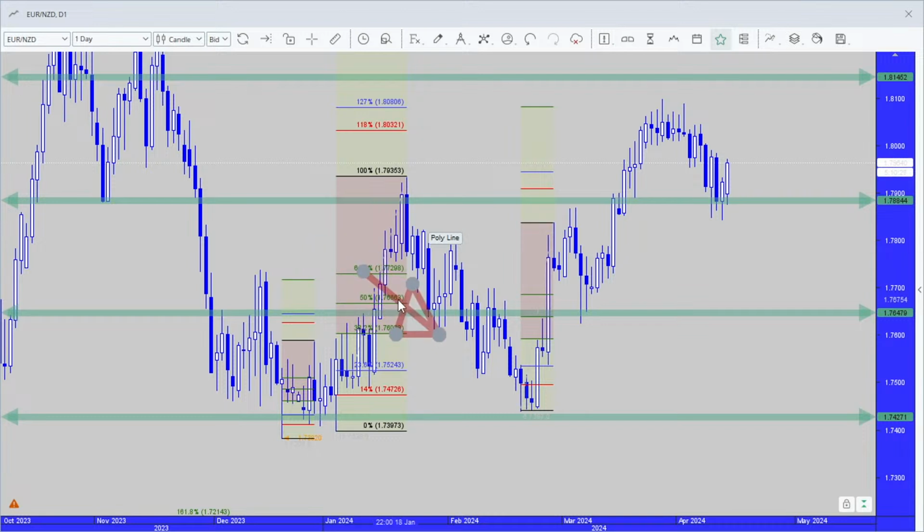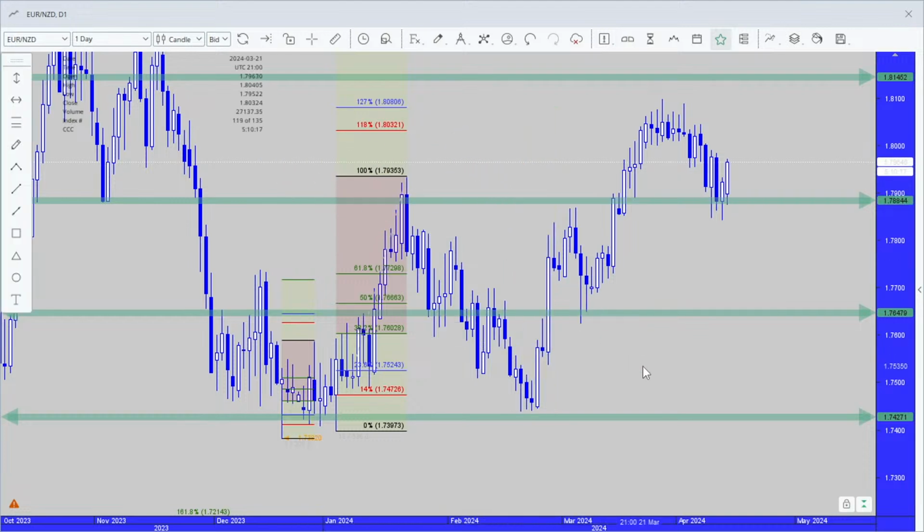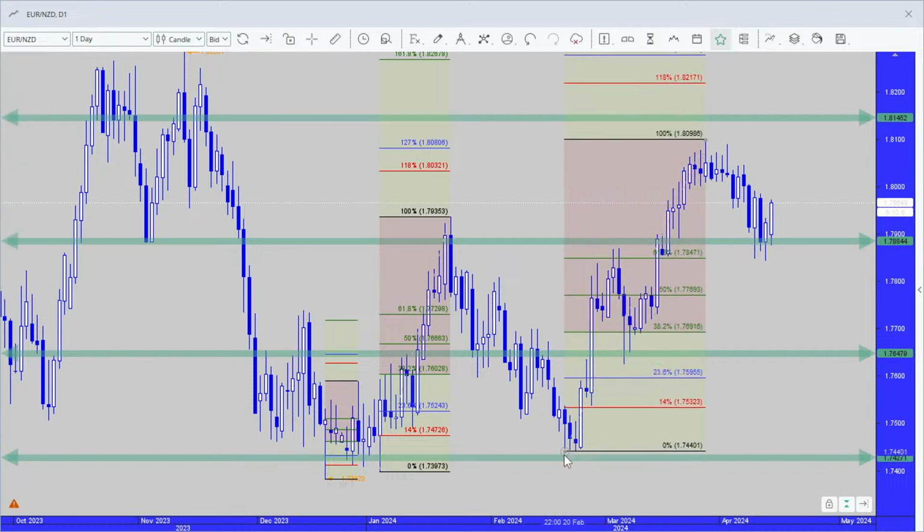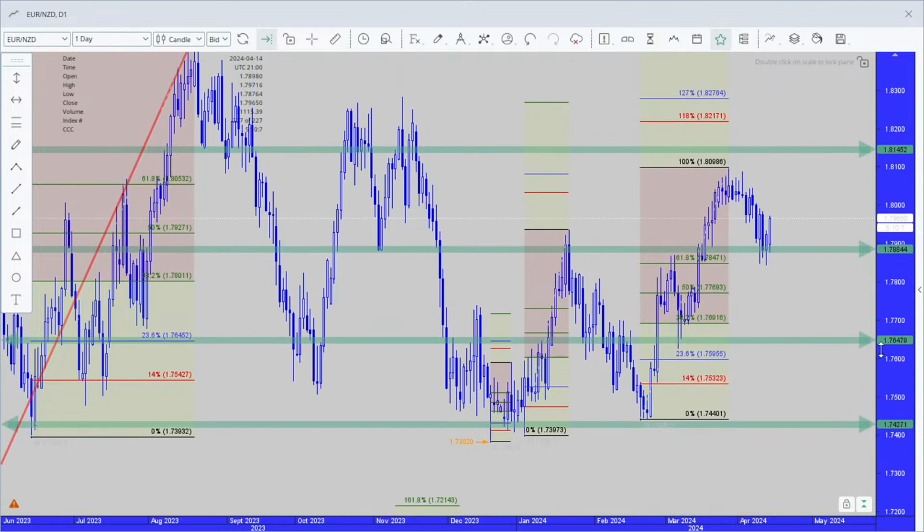You have an idea because of this one. Nonetheless, we are talking about the confirmation Fibonacci, and one more time, red goes to red, and there you go.